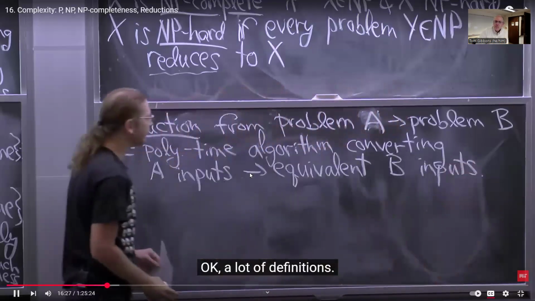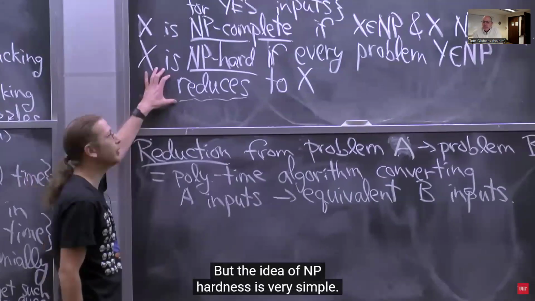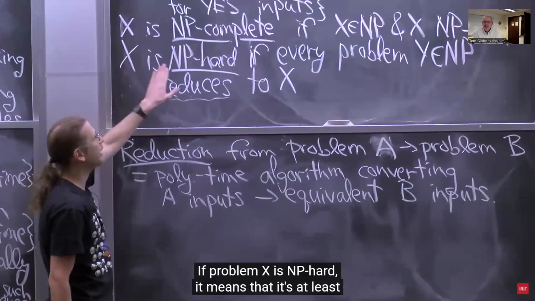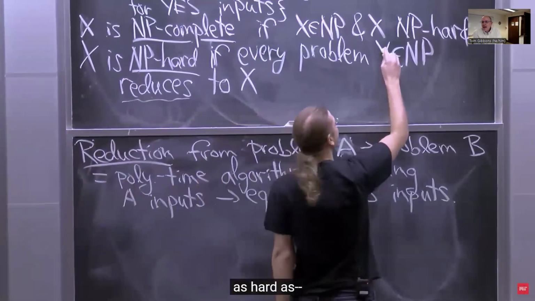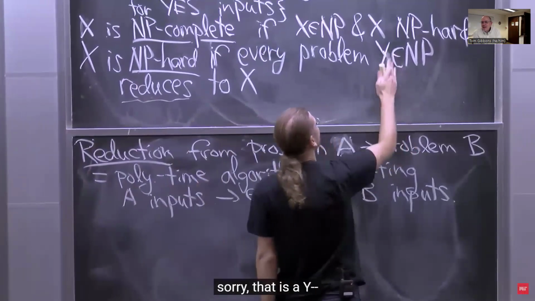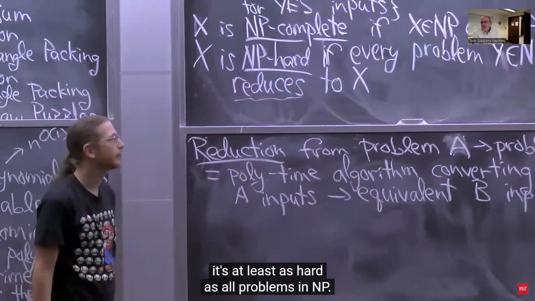Okay, a lot of definitions. But the idea of NP hardness is very simple. If the problem X is NP hard, it means that it's at least as hard as all problems in NP.